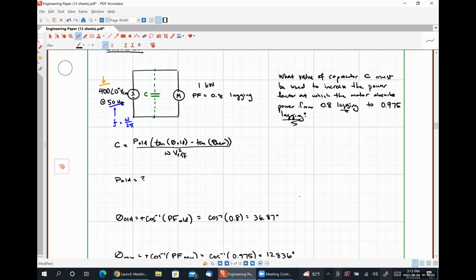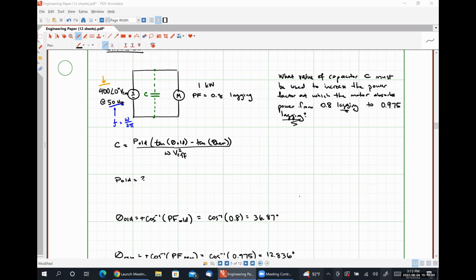So P old is average power. What is the only thing in this whole problem description that has anything to do with power? The 1 kilowatt. Absolutely correct, Sydney.